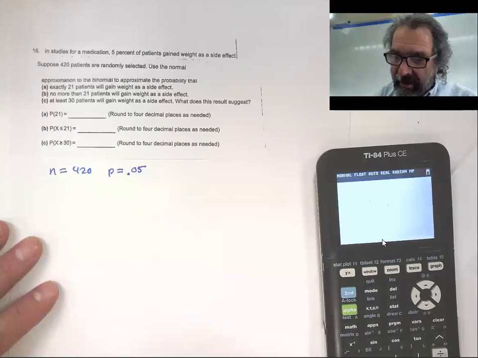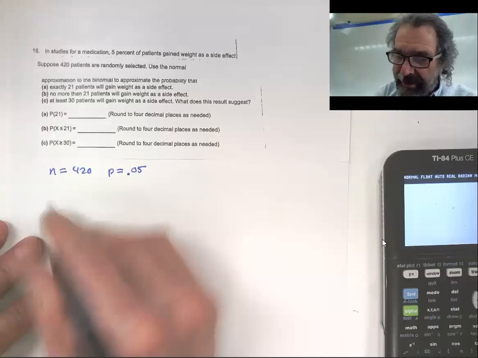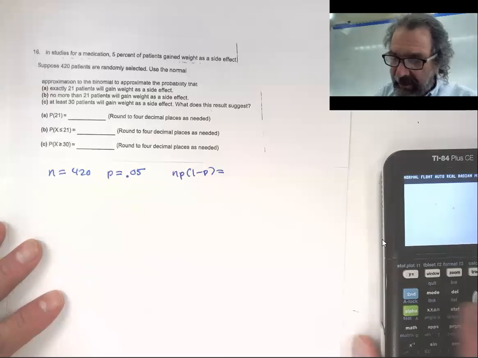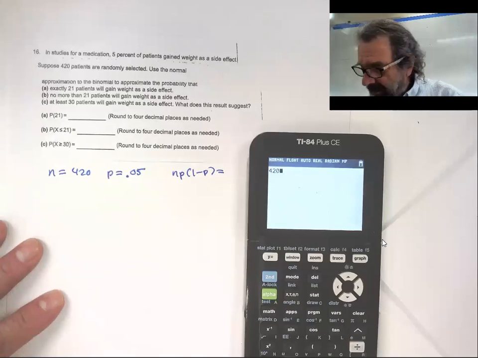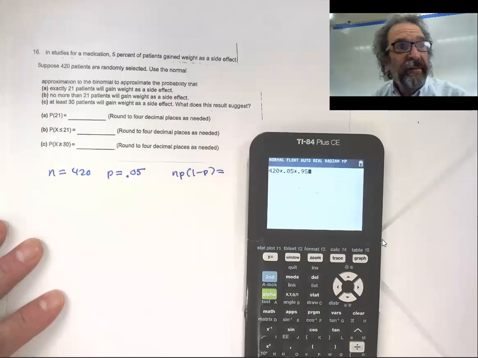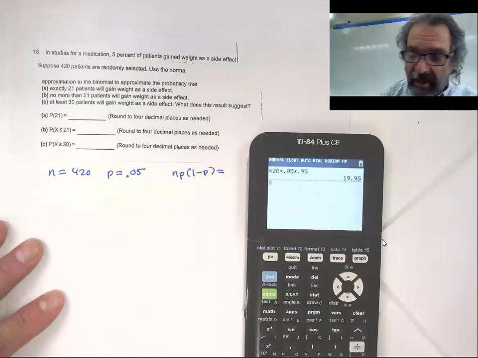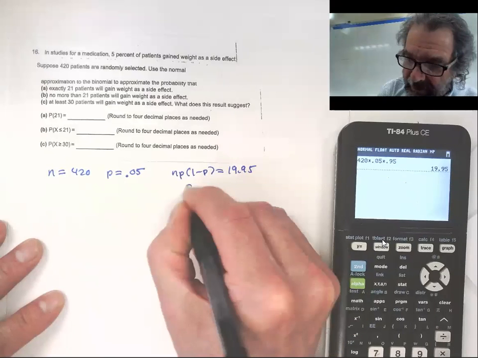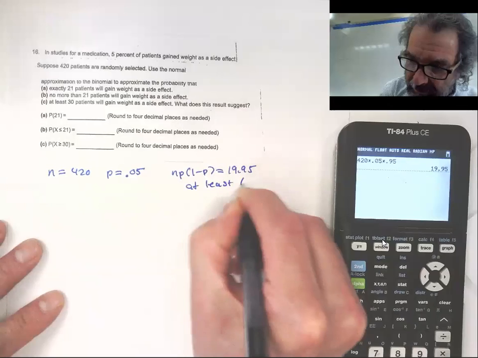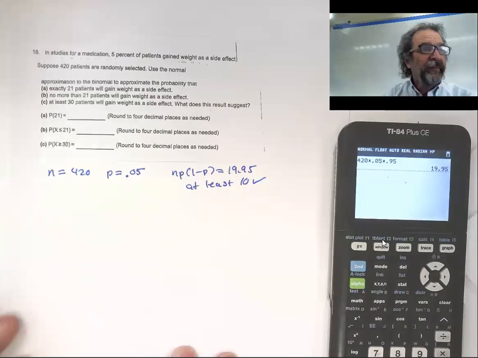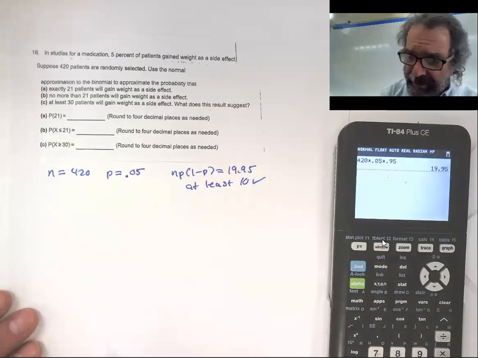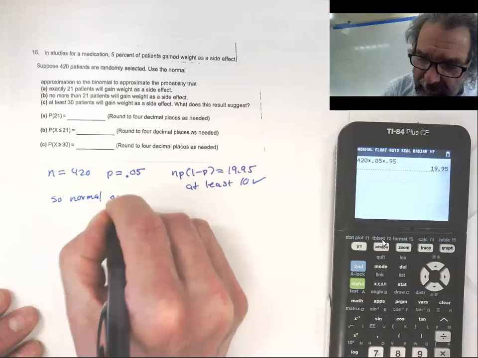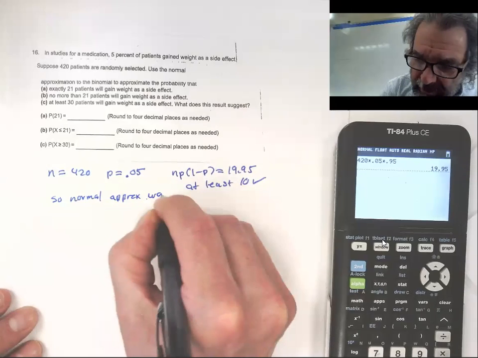And then we're going to check that the normal approximation can be used. np times 1 minus p is 420 times 0.05 times 0.95, 19.95. At least 10, we ask ourselves. Check. So that means we can use a normal approximation. So normal approximation will work.